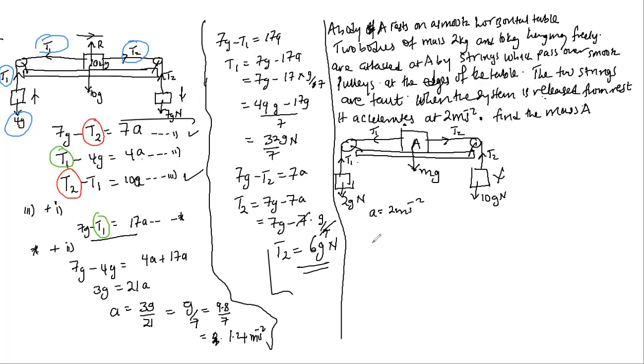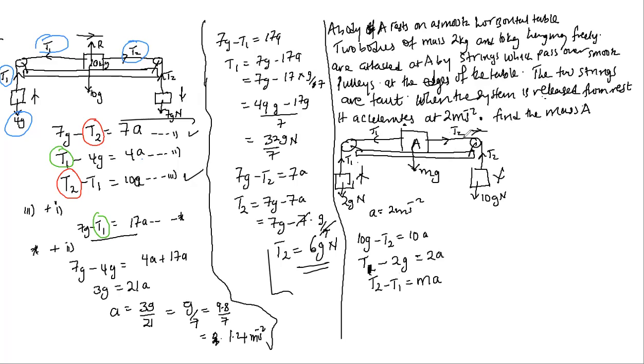So 10G minus T2 is equal to 10A. Then on the 2 kilogram mass, T1 overcomes 2G to give us 2A. But from these two equations, and then also up there we have T2 minus T1 is equal to MA, not MG.